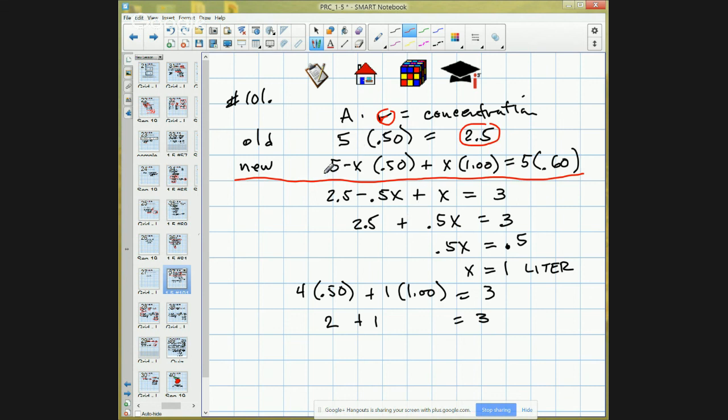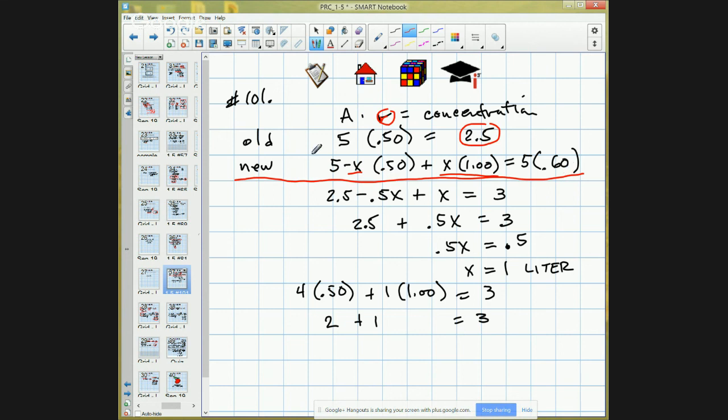Now we're supposed to actually remove a certain number of liters, that's the minus x. It still will be a 50% concentrate, and then add it to the same amount, x, that you just removed, times a 100% concentration, and that should equal all 5 liters at 60%.